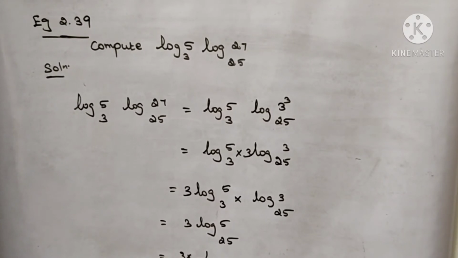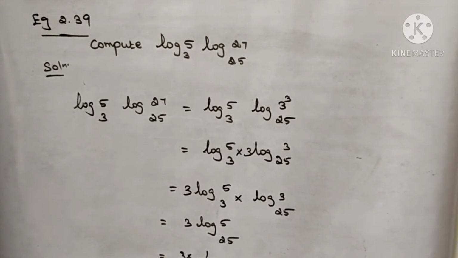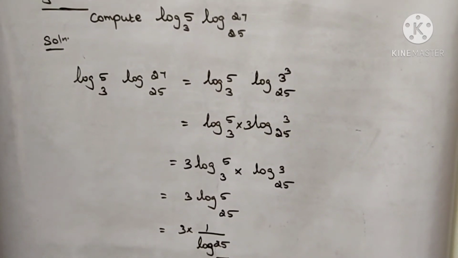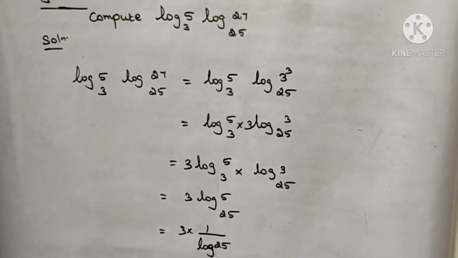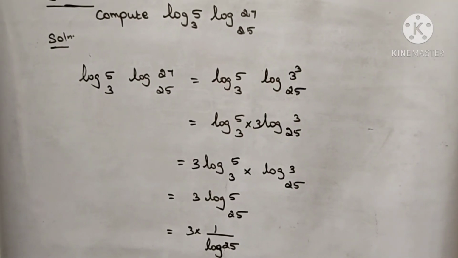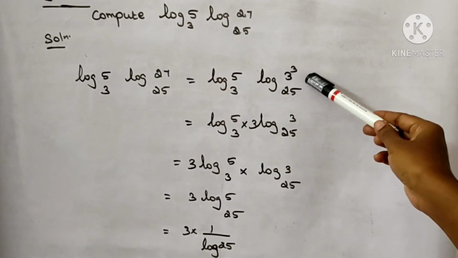Next question, example 2.39. Compute log 5 to the base 3, log 27 to the base 25. Compute the value. Listen to the solution. Log 5 to the base 3 and log 27 to the base 25 can be written as log 5 to the base 3 into, this 27 we can write as 3 cube.